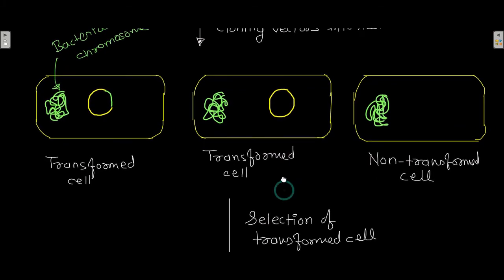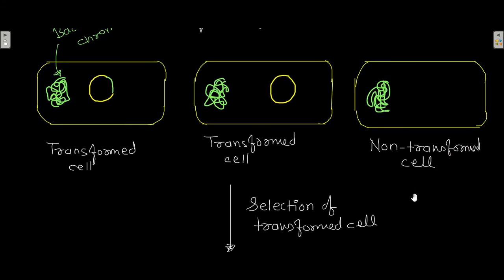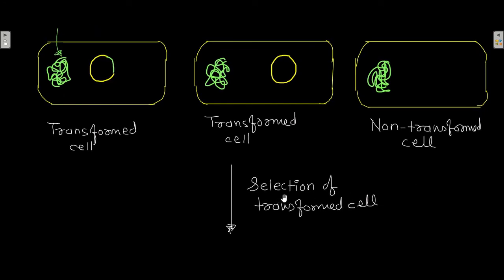Again, you can't see which cell got transformed and which did not, because the cells are small and you cannot directly see the recombinant DNA in them. So you take that suspension and you do selection of transformed cells.